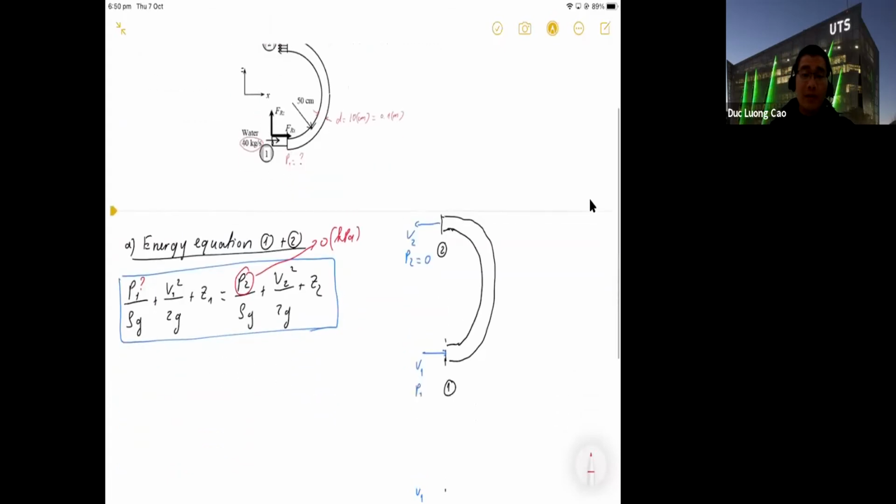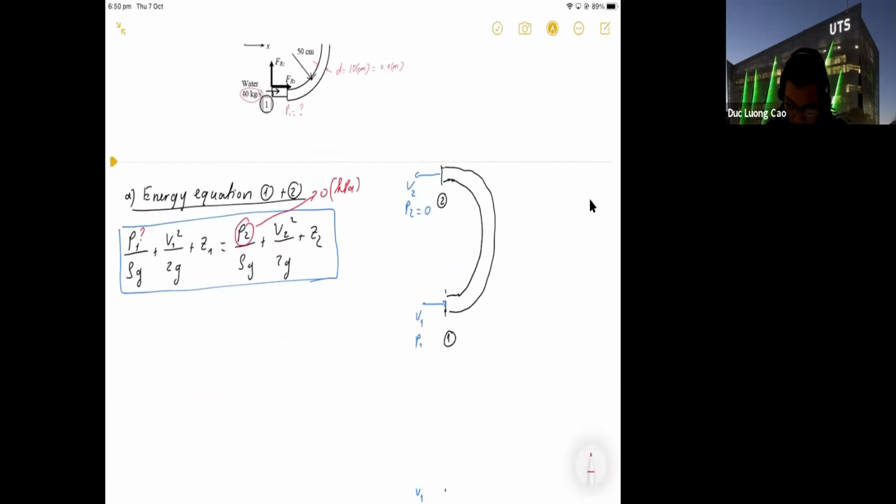V1 equals the mass flow rate divided by the density times area A1, and V2 equals the mass flow rate divided by the density times area A2, since mass flow rate equals density times velocity times cross-section area.